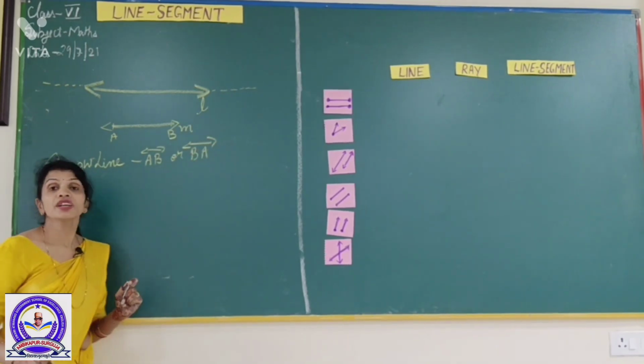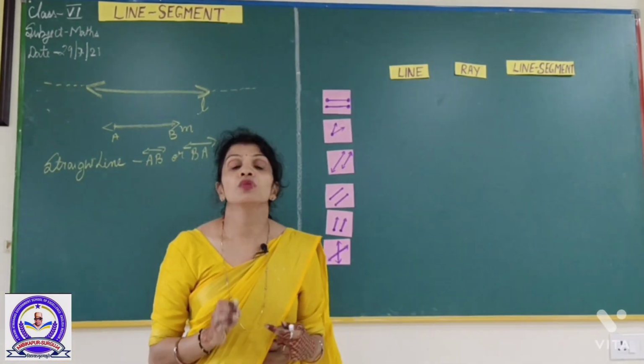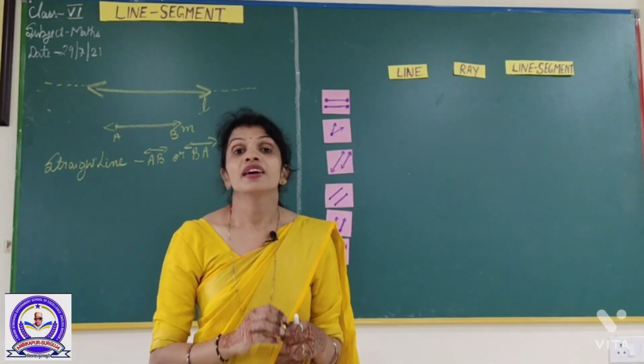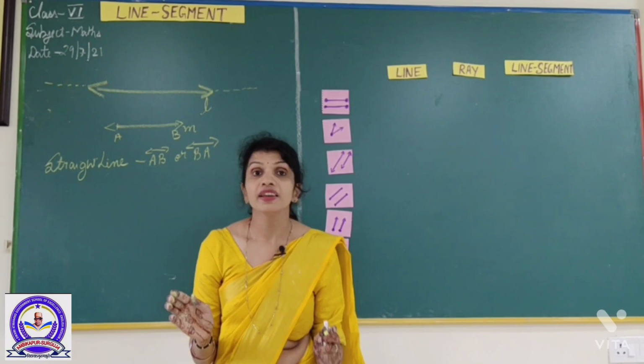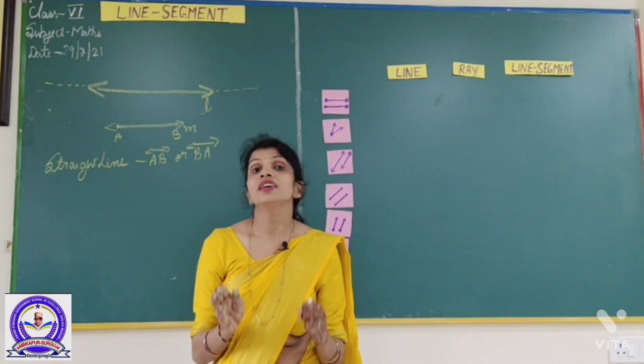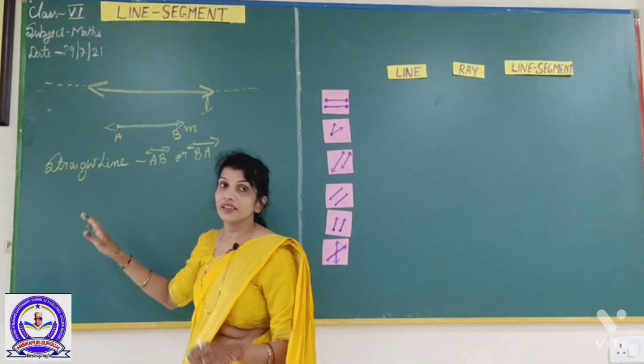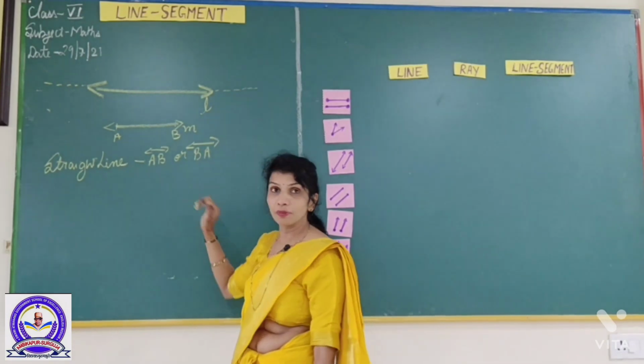So if someone asks you what a straight line is, what are you going to say? A line which can be extended in both directions endlessly and which cannot be measured is known as a straight line, and we can represent it as AB or BA.